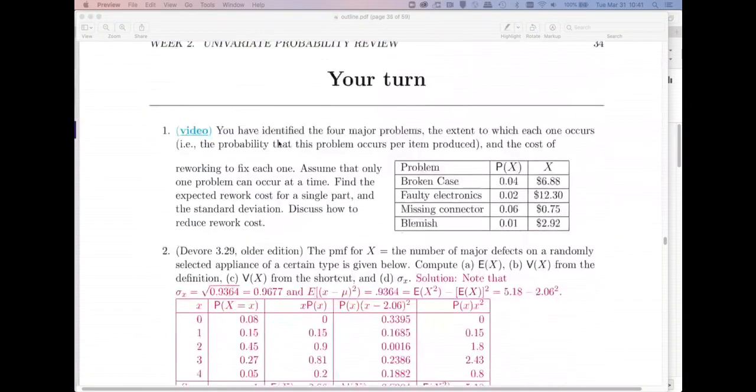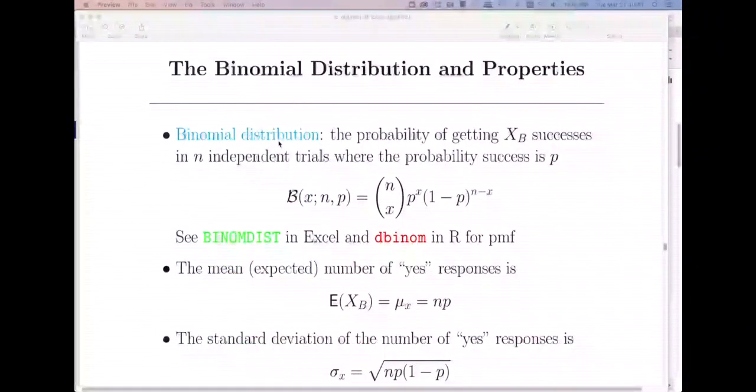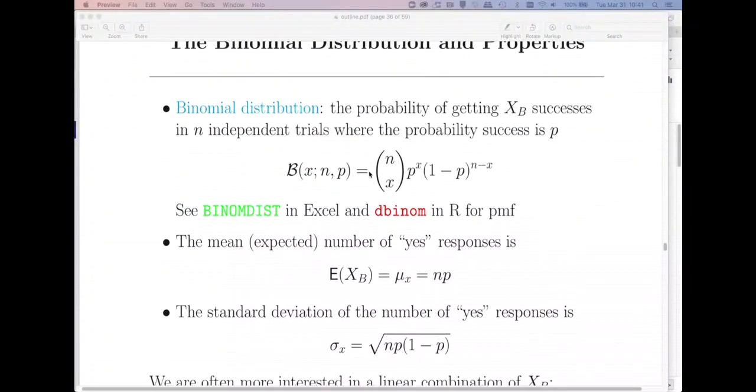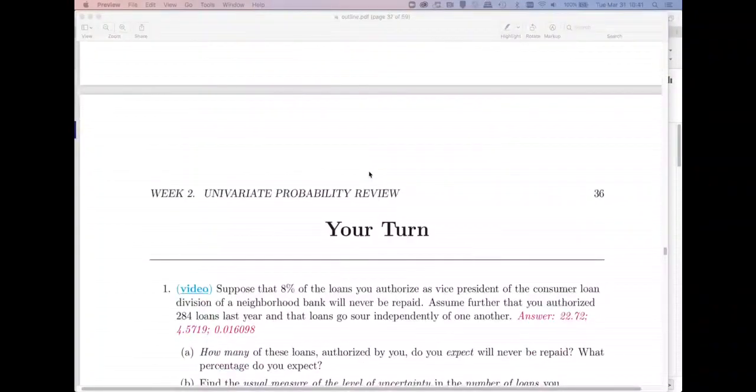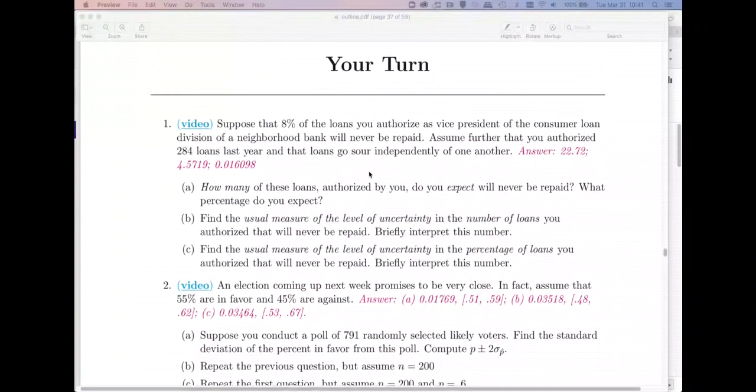At this point, what you should do is go work problems from Devore. This slide gives you all the formulas that are on Wikipedia for the binomial distribution. You could just jump into problems, since the binomial distribution gets covered thoroughly in any probability class. If you remember the binomial distribution, just go start working problems, and that's probably good enough.